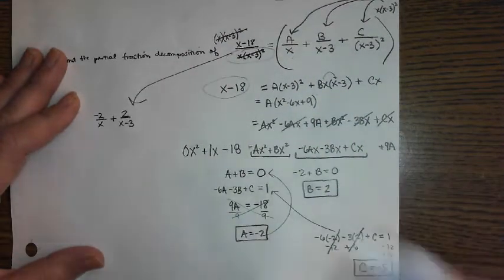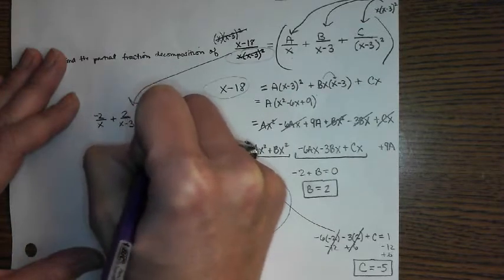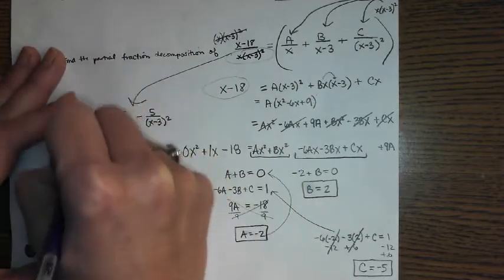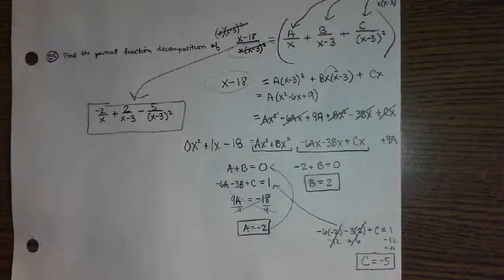I'm not going to do plus negative 5. I'll just do minus 5 over x minus 3 squared. And we've decomposed that single fraction into 3 parts.